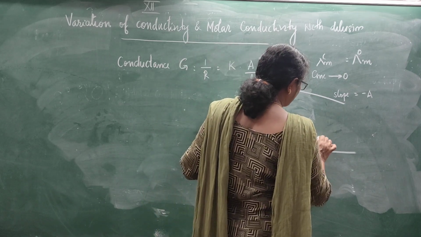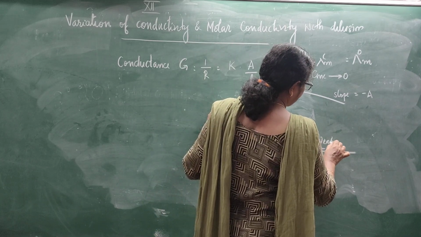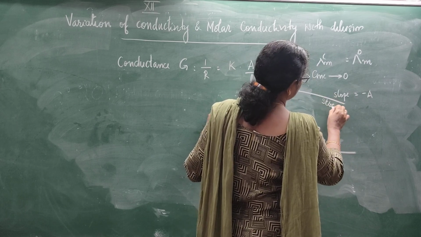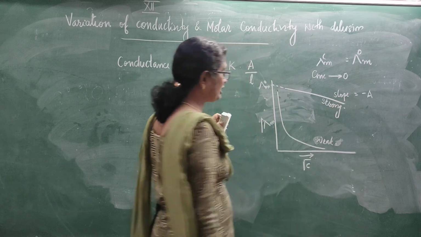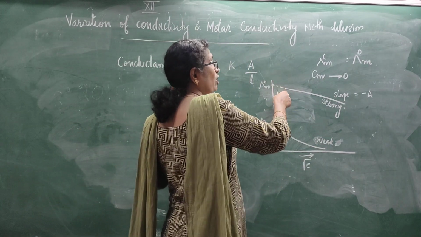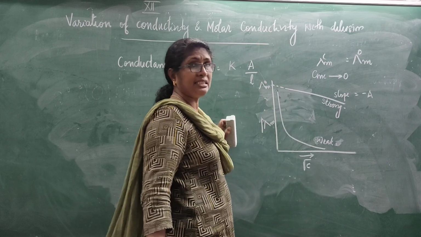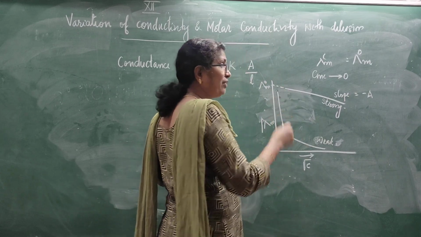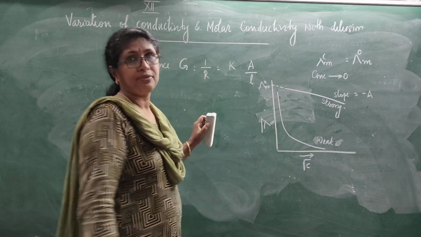This is for a weak electrolyte, and that is for a strong electrolyte. The weak electrolyte curve will not meet the y-axis anywhere. That means we cannot find the limiting molar conductivity of a weak electrolyte graphically.